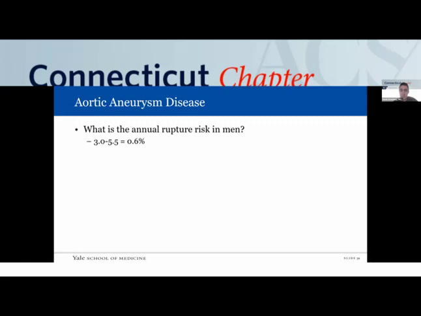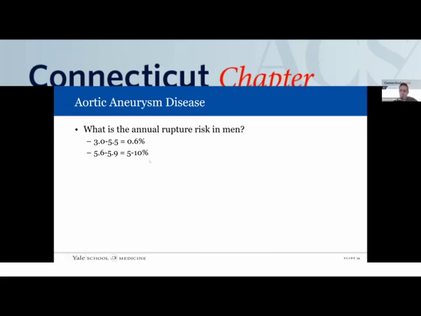Smoking cessation is the only intervention that is proven to reduce the risk of propagation for abdominal aortic aneurysms. And surveillance, so that once they reach that 5.5 threshold, they can be offered repair. At 5.5 or 5.6, that's when the rupture risk starts jumping up exponentially.